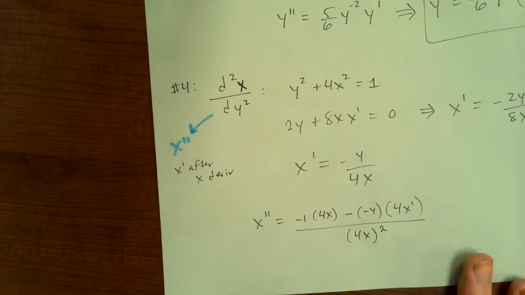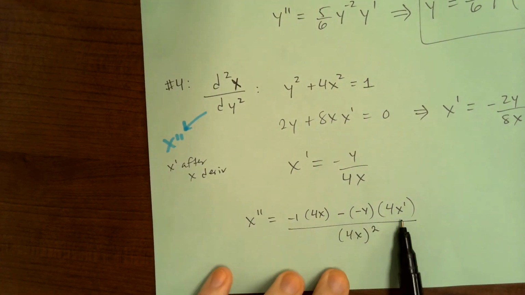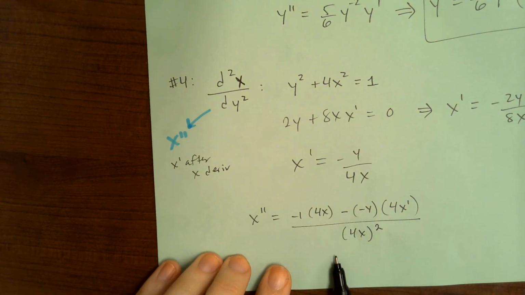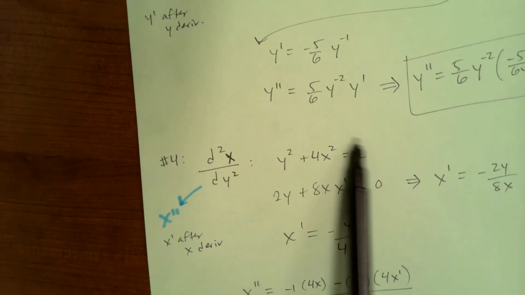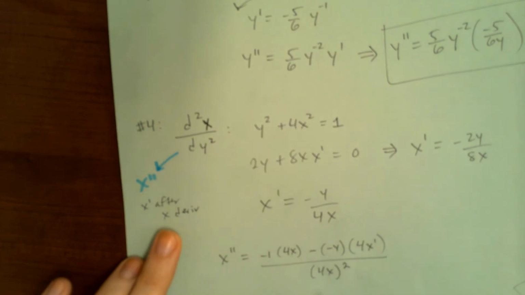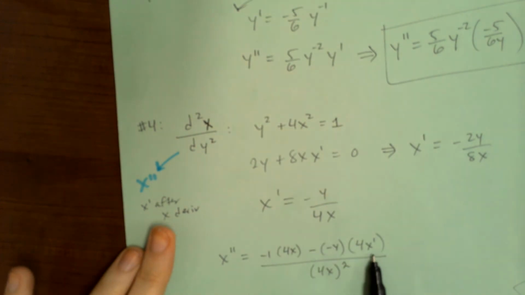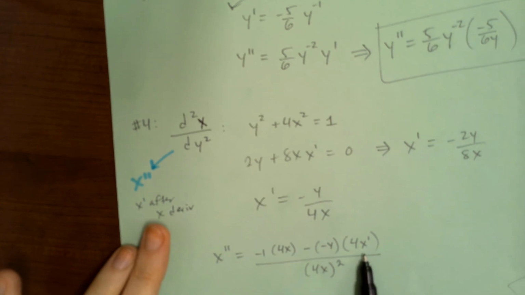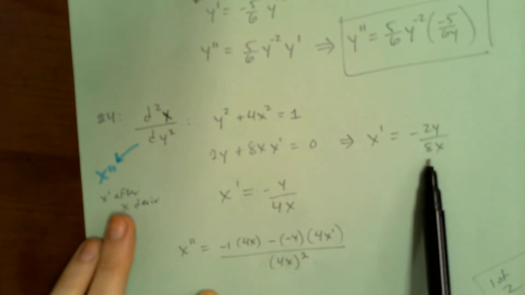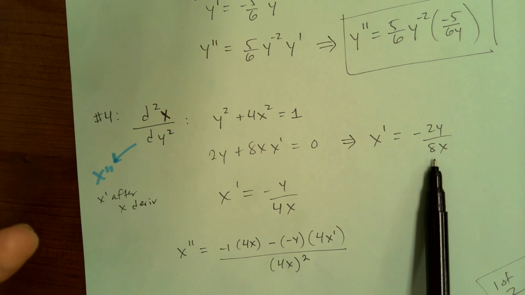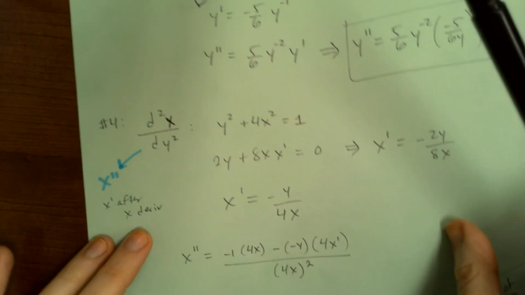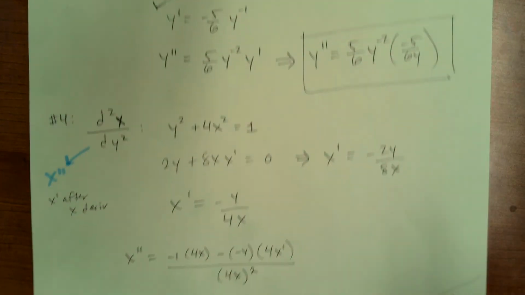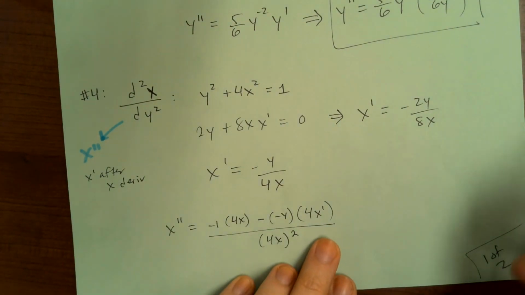Now I'm going to clean this up a little bit, but remember they want this in terms of the variables in the original equation. Here's the original equation. My variables are x and y. So I just want x's and y's here. I don't want this x prime. And this is the part where you remember that x prime is negative 2y over 8x. So you can replace x prime with that. So let me clean this up just a little bit first.